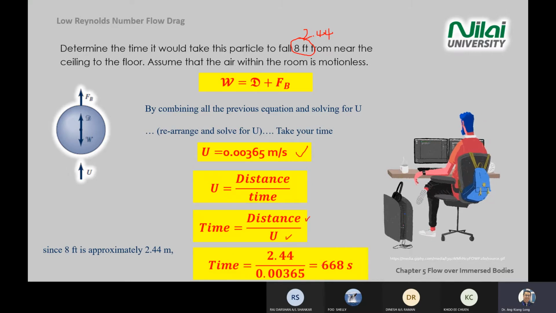The time is about 668 seconds, so it's about 10 minutes plus to fall to the ground, 2 meter. So it's quite direct for this example.